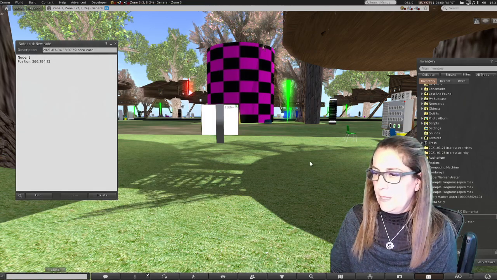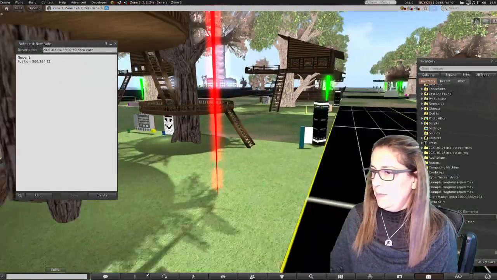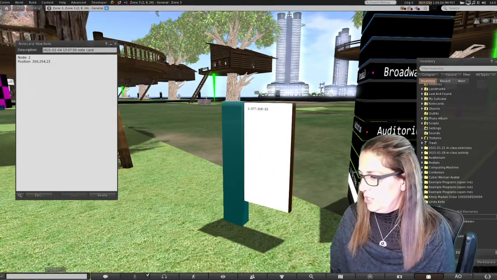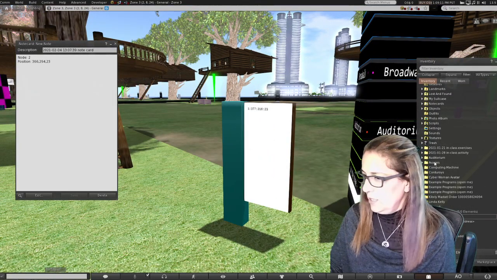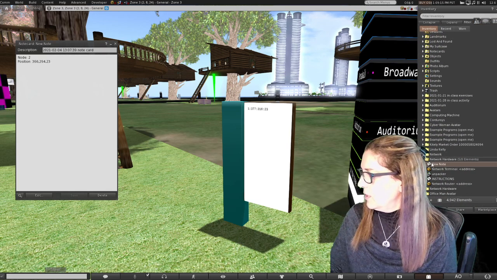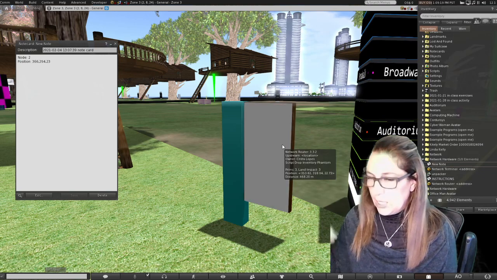Okay? So we have the position of this guy on this note card. We're going to go there and just drag it from my inventory onto here, and this is going to accumulate.